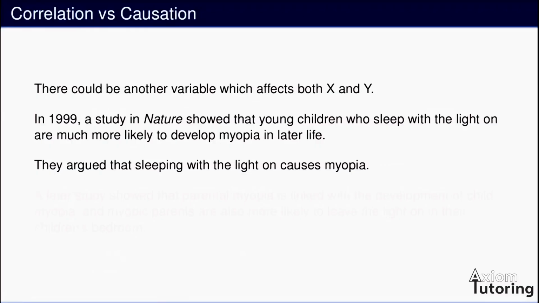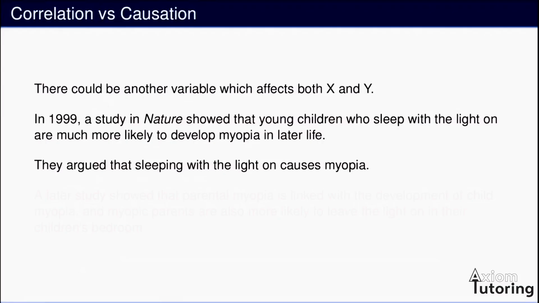One reason why you could have a pattern between two variables is that there's another variable which affects both X and Y. So in 1999, a study in Nature showed that young children who sleep with the light on are much more likely to develop myopia in later life. And what they argued was that sleeping with the light on causes myopia.